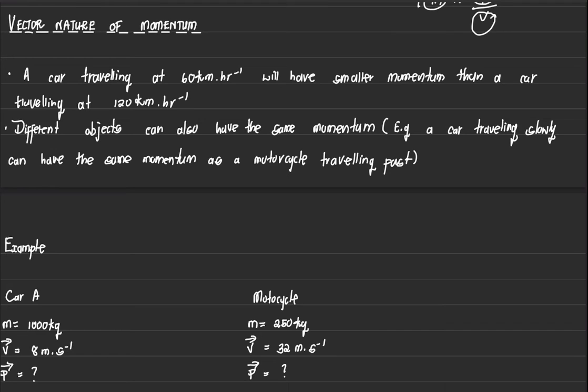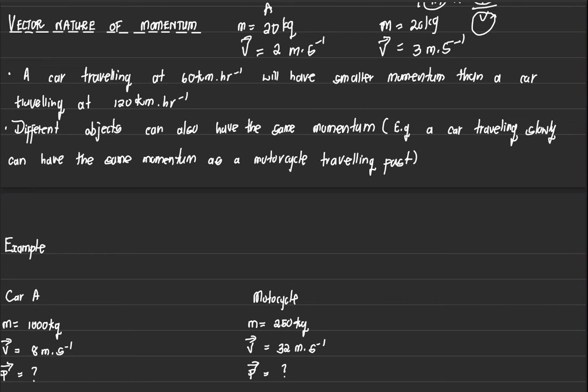For example, let's make things simple and say that we have a car with a mass of 20 kilograms traveling at a velocity of, let's say, 2 meters per second. And then we have another car that has the same mass of 20 kilograms, but it's traveling at a velocity of 3 meters per second.